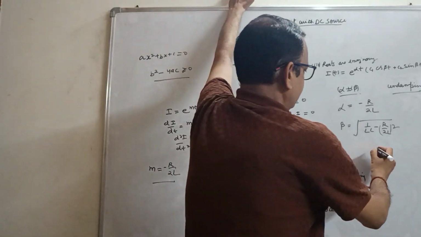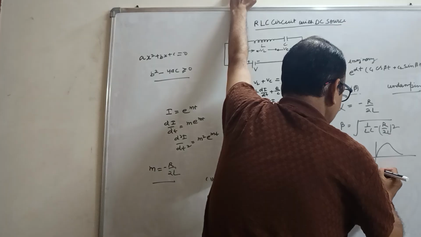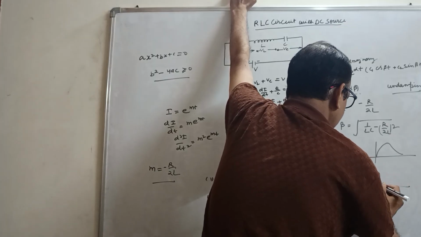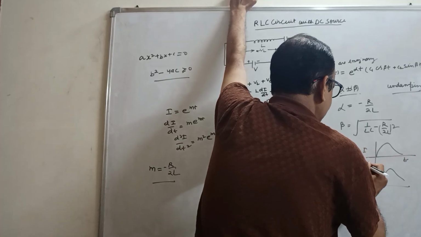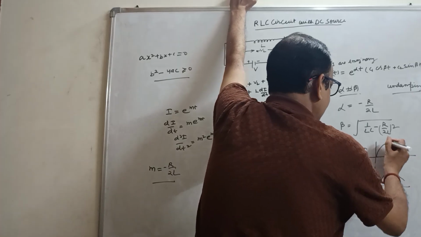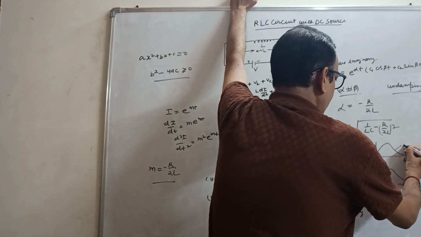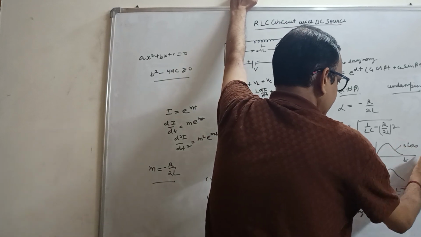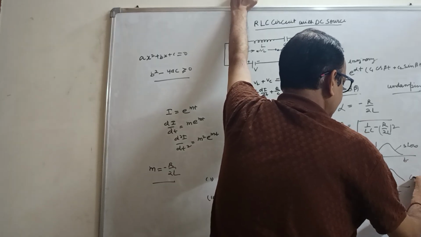So here we show these conditions. This is the current at time t. This is over damping, the process is slow; this is under damping; this is critical damping.